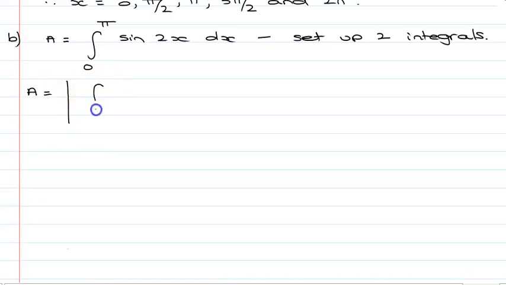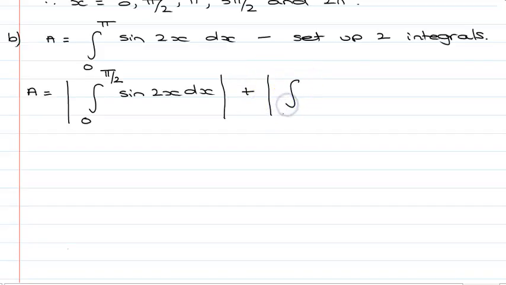So to begin with, we go between the first intercept, 0 and pi upon 2, of sine 2x dx, absolute value, and we're going to add to it, reading from left to right, from pi upon 2 up to pi of the same function, and we would take the absolute value.